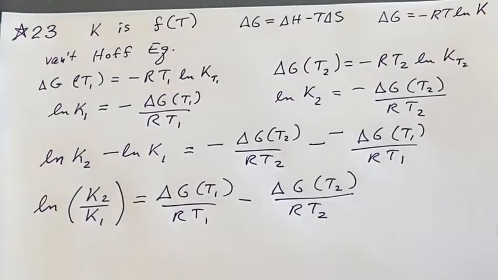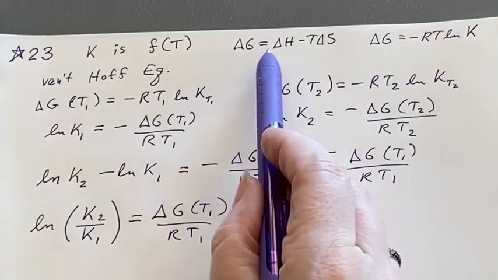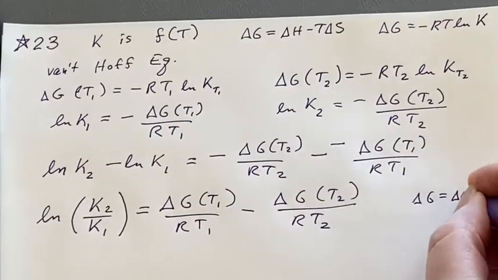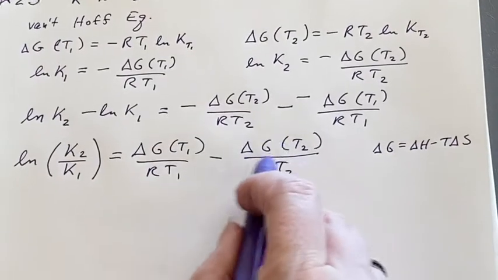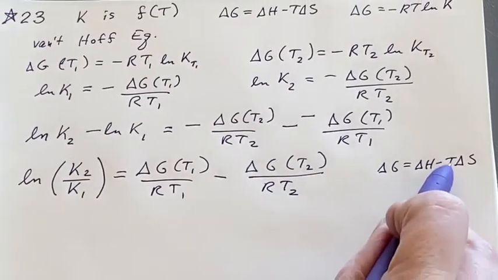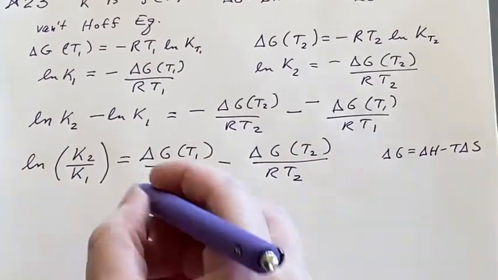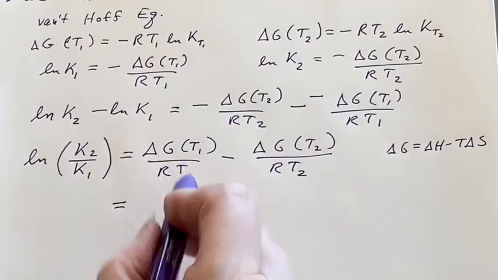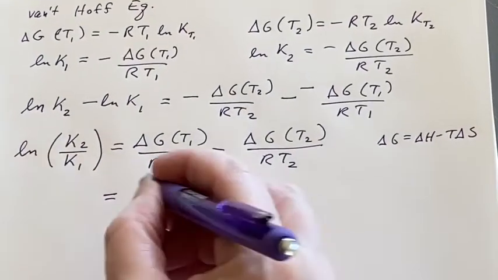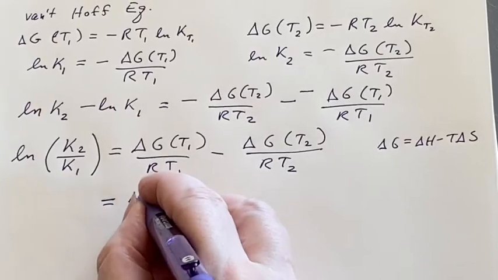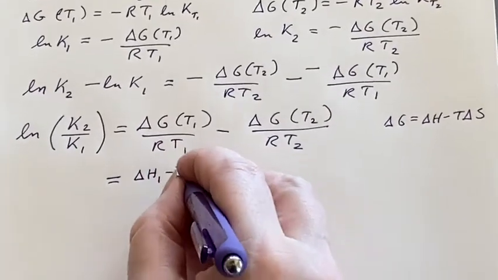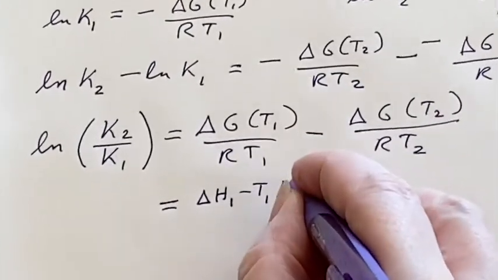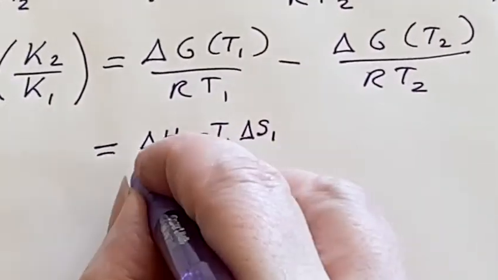Well, I'm going to use the fact that delta G equals delta H minus T delta S. This is why there is a delta G at a temperature, because there's a T in here, right? So that means I'm done messing with this. I only have to deal with this. This one will be delta H1 minus T1 delta S1 over RT1.